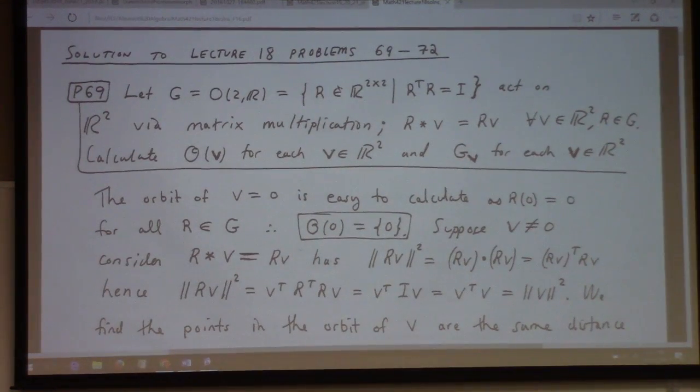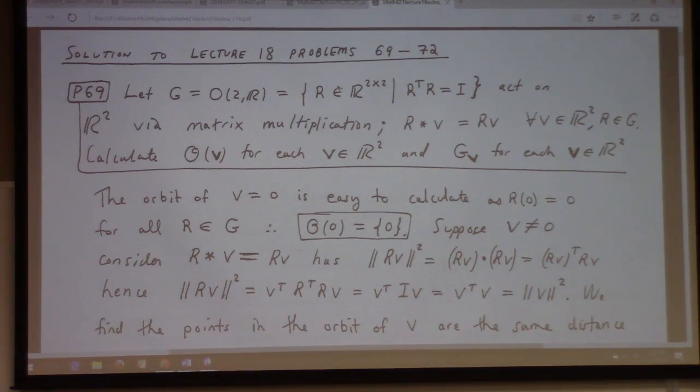Is an orbit always a circle? No, it could be lots of things. But for this rotation, these are orthogonal matrices. I think we had a problem earlier where I connected this to these being precisely the matrices of transformations which fix the origin and leave the distance between points unchanged.